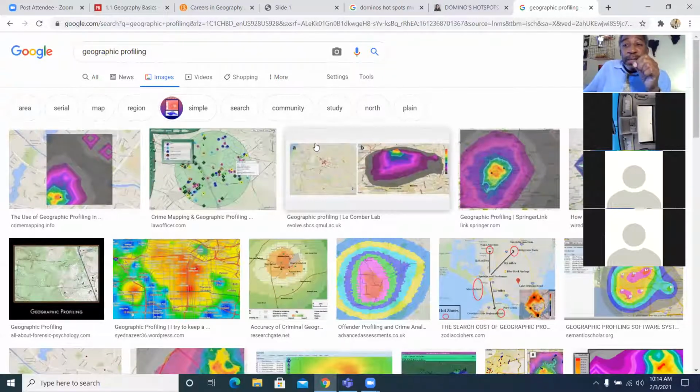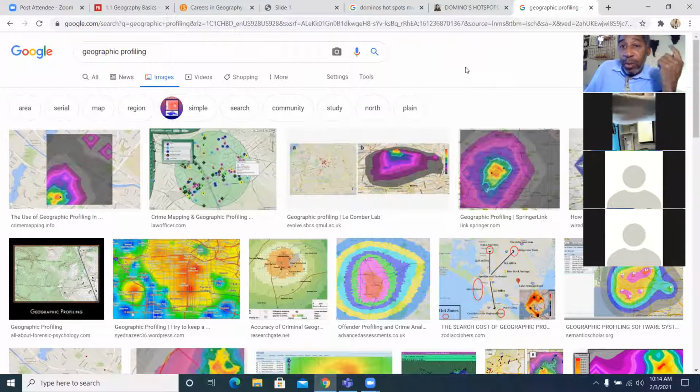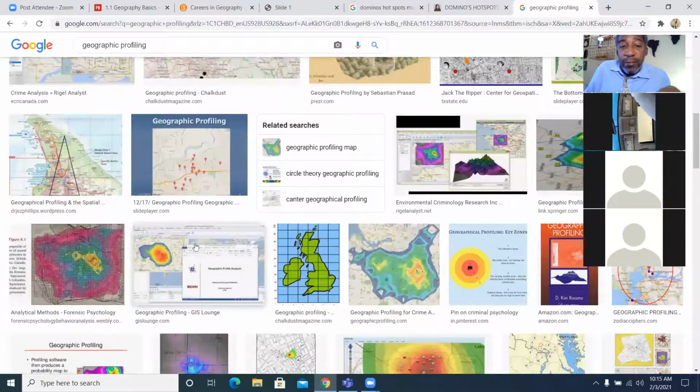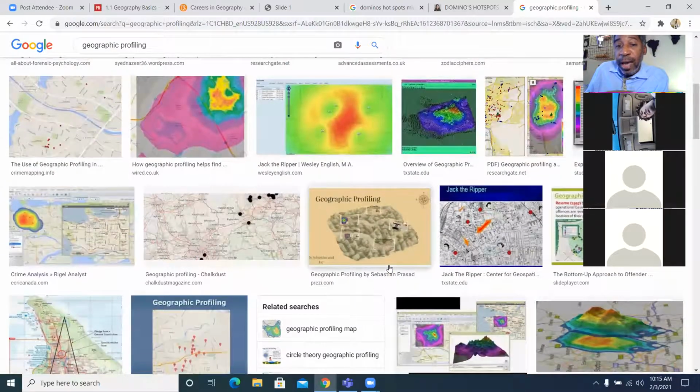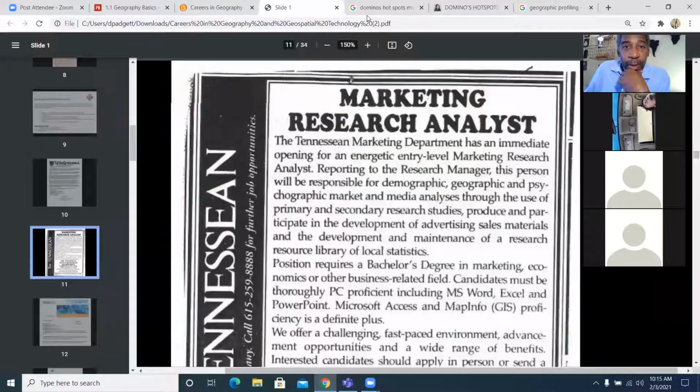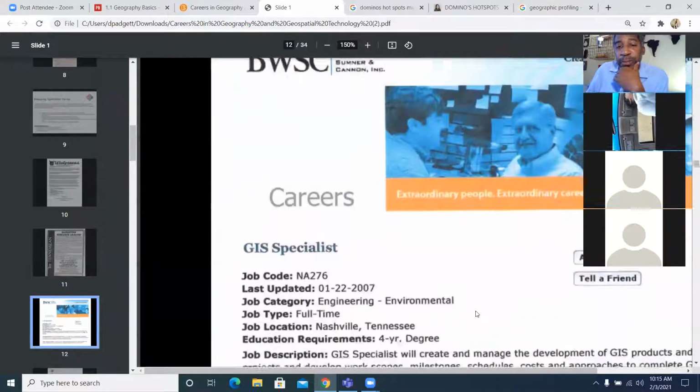And the police or other crime fighters can actually predict where a criminal of that type is going to strike next based upon his or her psychology and the local geography. So that's called geographic profiling. It's combining geography with psychology in order to predict human behavior. It can be used in a lot of different ways. So again, there are many ways that geography crosses over into many fields.